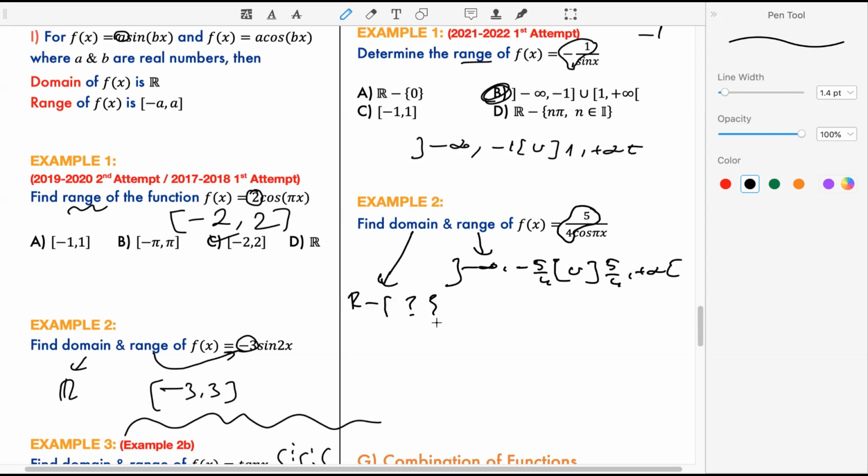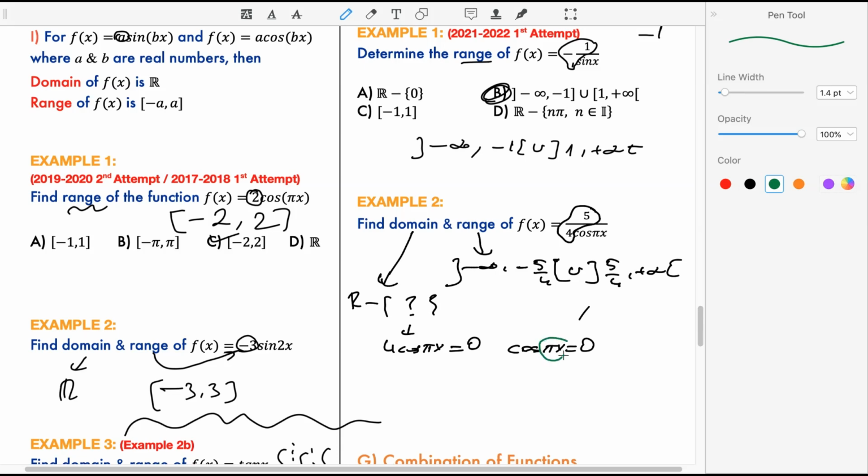So what are the zeros of the denominator? In the denominator you have 4 cosine pi x. So what makes 4 cosine pi x equal 0? Divide both sides by 4. So cosine pi x is still 0, since 0 over 4 is 0. And apply the rule.